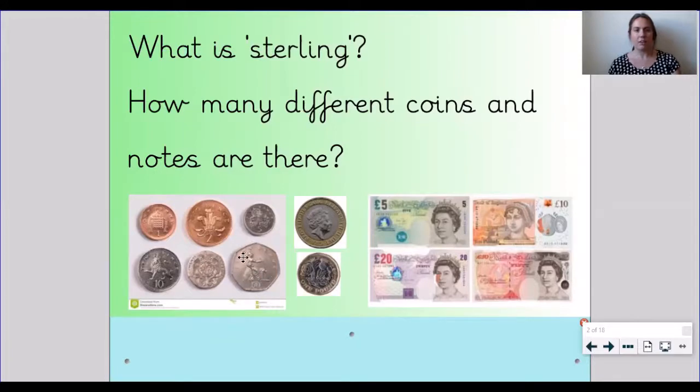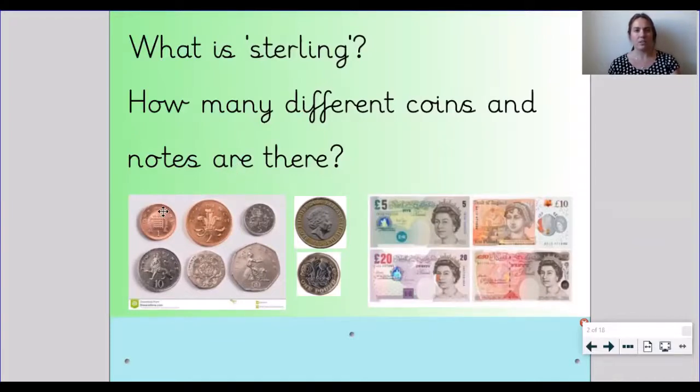So those are our smaller coins. And then we've got a £1 coin as well as a £2 coin. You might want to just have a second to remind yourself of the different shapes. You'll notice that some of them are similar to others and some are quite different.